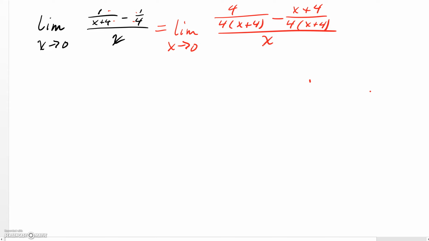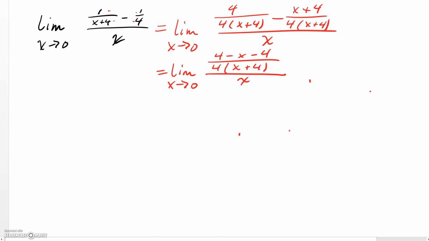Now we can do some combining, but be very careful. This minus sign right here distributes to the x and to the 4. So it looks like this. The limit as x goes to 0 of 4 minus x minus 4, all divided by 4 times x plus 4. That's the entire numerator, and all divided by x.